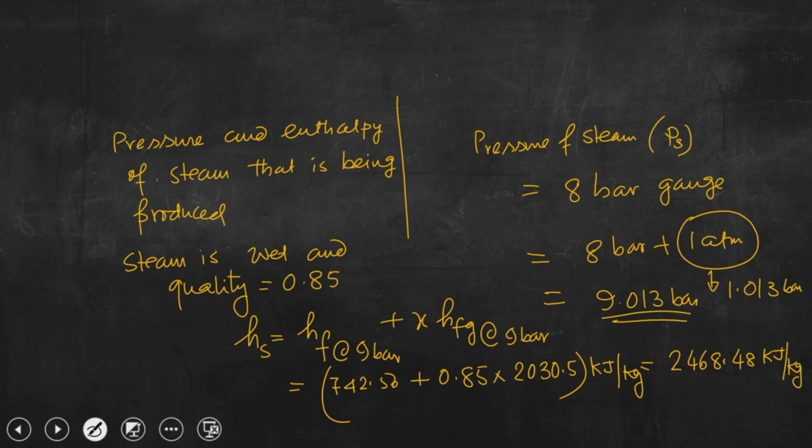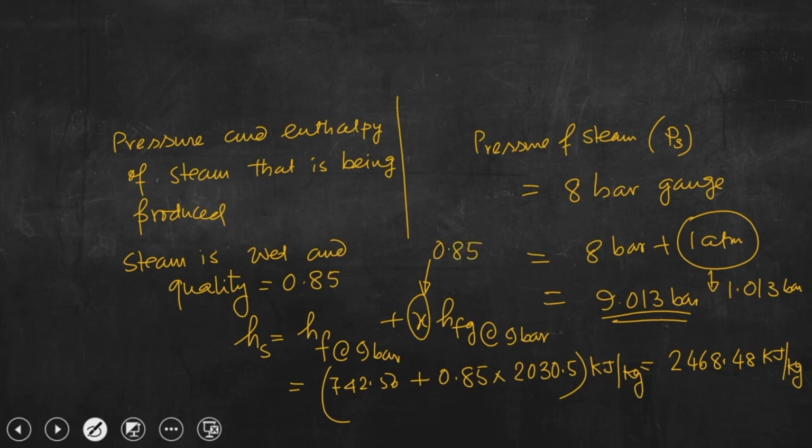So, this is the unit, right. Let me tell you once again, Hf, that is the enthalpy of saturated liquid, we will get from steam table at that pressure, 9 bar or 9.013 bar, and Hs is the enthalpy of the mixture at that condition, and we also know x, that is given, 0.85.